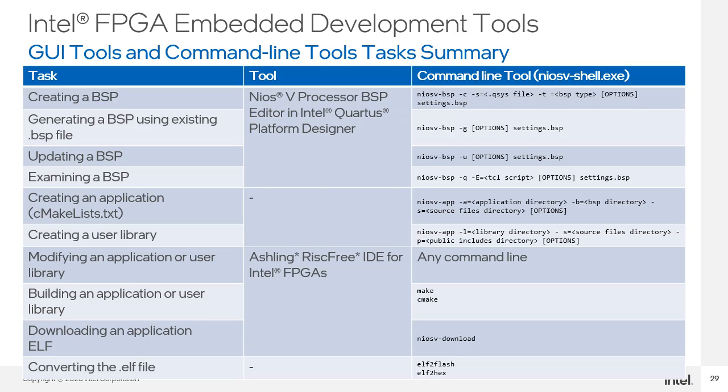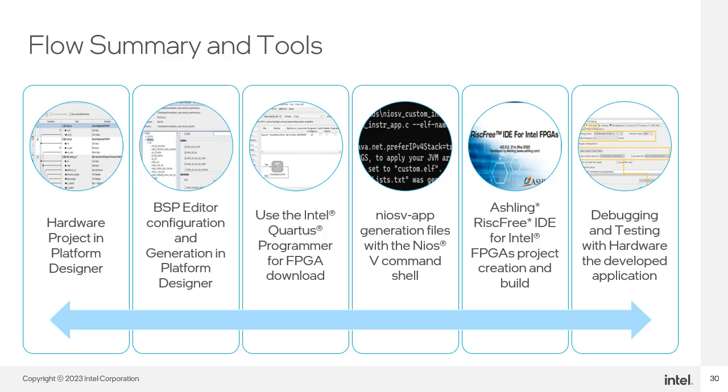In this summary table you will find GUI tools and command line tools for each task in the flow. This is a summary of steps for the software flow and tools to execute each step. The hardware project in Platform Designer is part of the hardware development flow. Then the BSP editor configuration and generation is necessary.